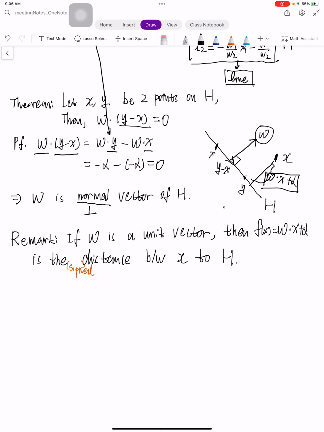So what does this alpha represent? Suppose you have the xy plane with axes x1, x2, and this is our decision boundary H. Actually, the alpha represents the distance between the origin and this decision boundary.